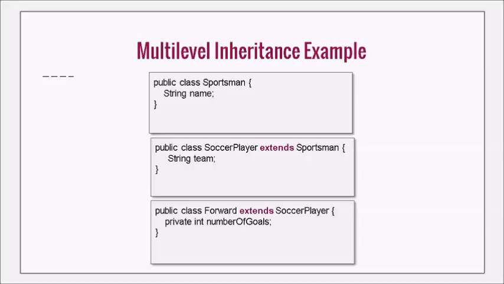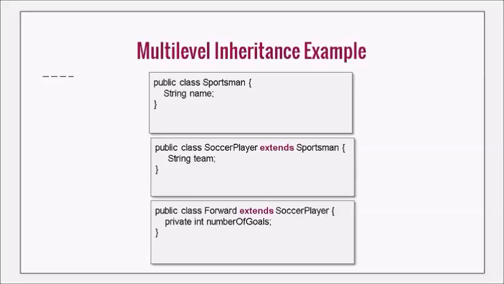Soccer player is a type of sportsman, so we say public class soccer player extends sportsman. The soccer player has access to the name variable inside the sportsman, plus it also has access to the team variable, the team for which this player plays.